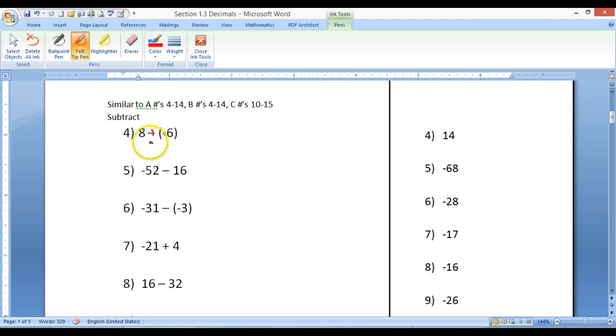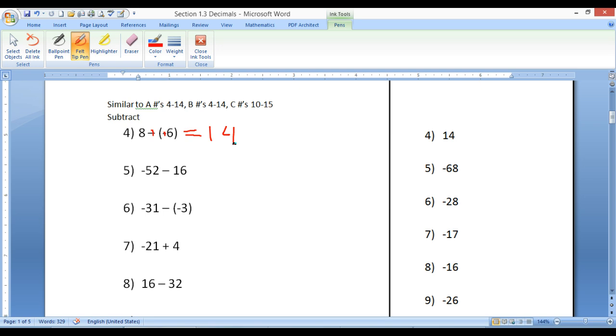So in this case, I'm adding. The opposite of a negative is a positive. That's really my way. I like saying add the opposite. It's up to you, whichever of those ways you like best. So really, this problem ends up being 8 plus 6. 8 plus 6 is 14, which matches my answer. So I'm going to go ahead and move on.